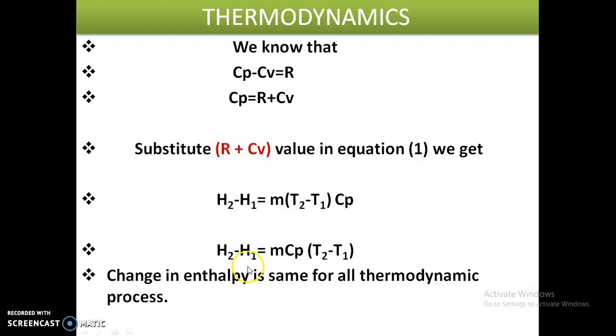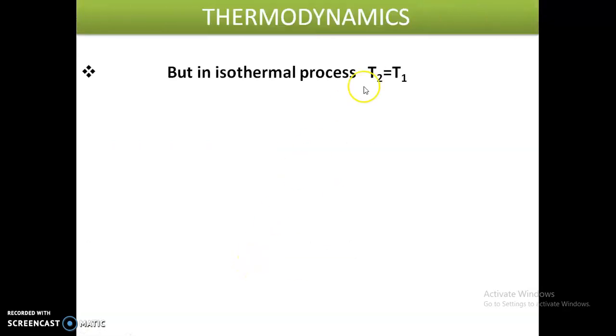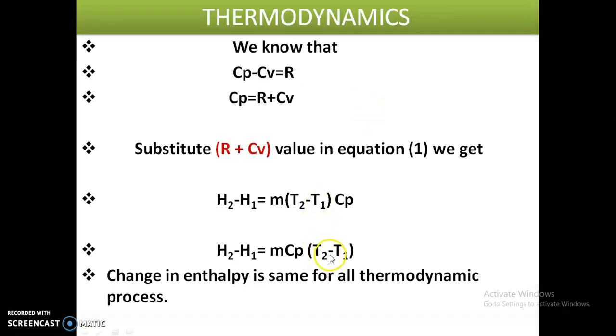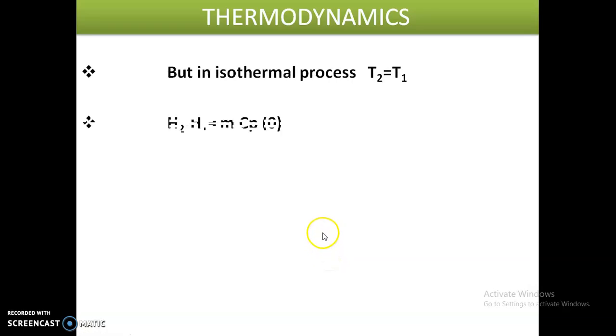In the isothermal process we know that T1 is equal to T2. Substitute T1 equal to T2 in the above equation here. So we get h2 minus h1 is equal to mCp into 0.